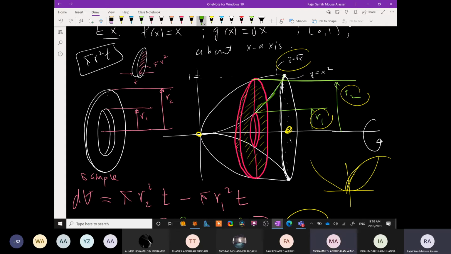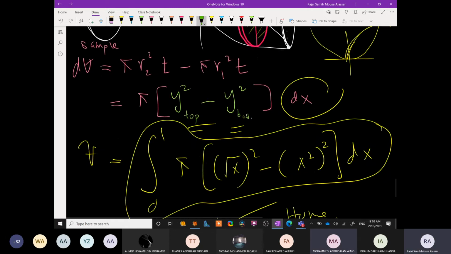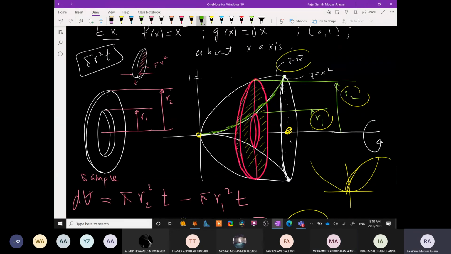But in the bottom you chose x squared. This one here? Yeah, this is the bottom function, this is your sample. This is the top function, correct? And this is the bottom function, y equals x squared, correct? Oh yes.